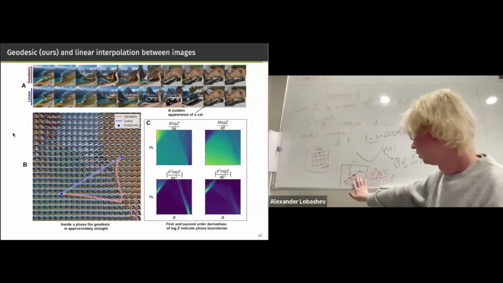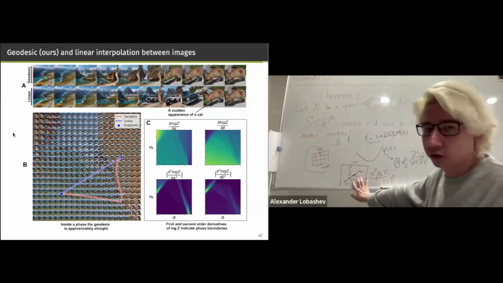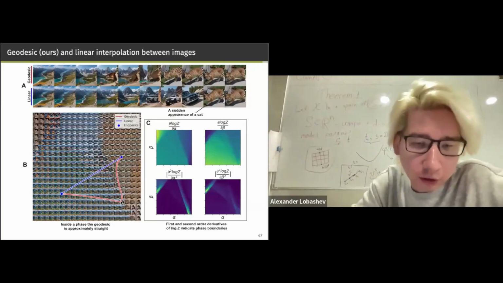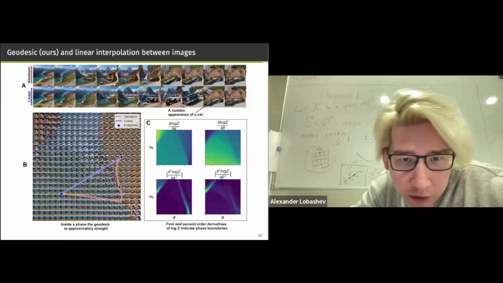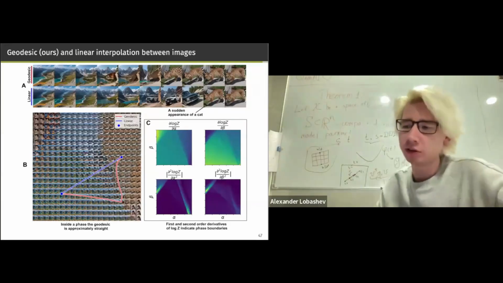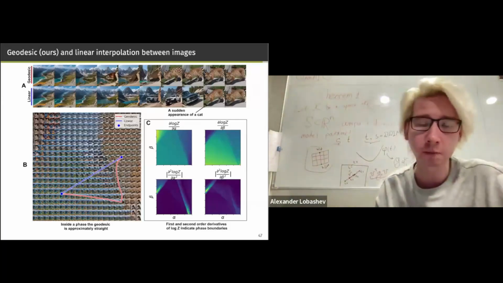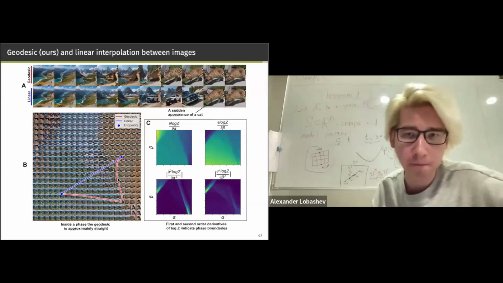I just minimize by gradient descent with the Adam optimizer the parameters, which are just coordinates of these middle points, and as a result, I will have this geodesic. In the picture there are a lot of segments, and I think there were 20 middle points, and these 20 middle points are parameters of my minimization procedure. You mean on the picture on the slide? Yeah, on the slide.